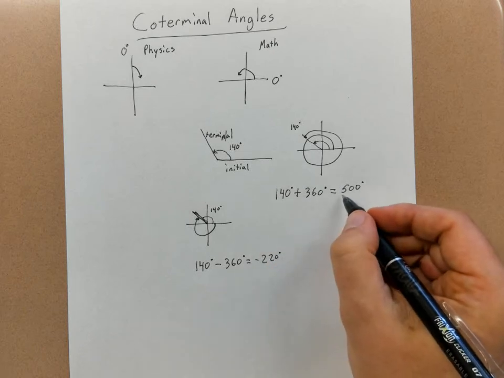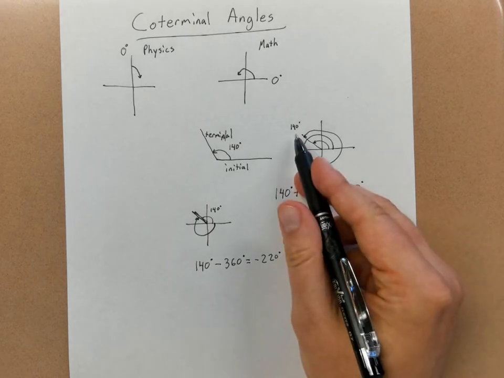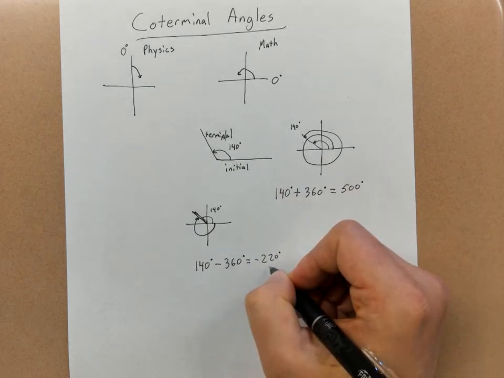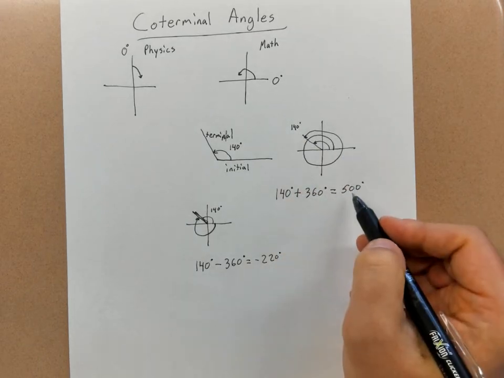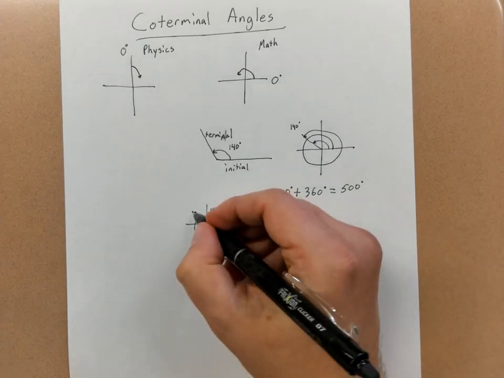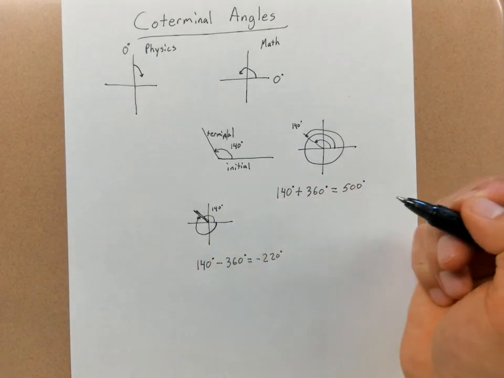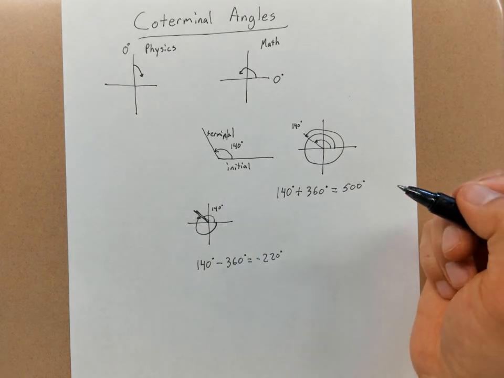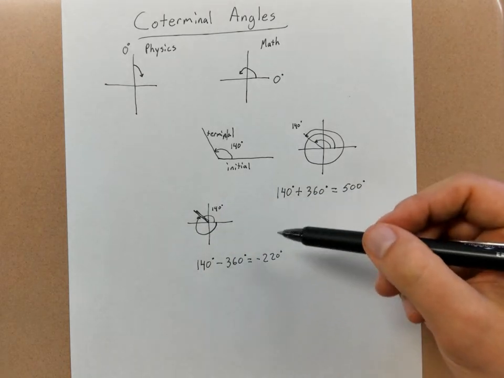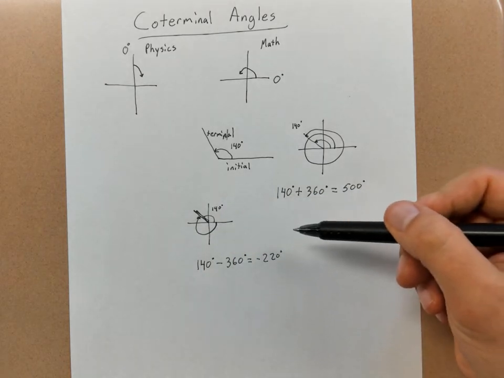So whether my angle is 500 degrees, 140 degrees, or negative 220 degrees, all three of those angle measures still end in the same exact spot here. Really, how you can break down coterminal angles is that you're just constantly adding or subtracting 360 degrees.